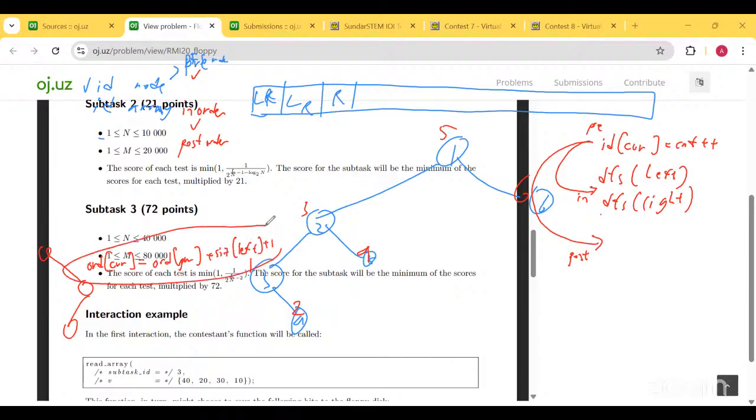I think it is more complicated. I think this one is easier, right? Because we need the order of the parent as well. Order of the parent plus size. So I think using this idea is easier.